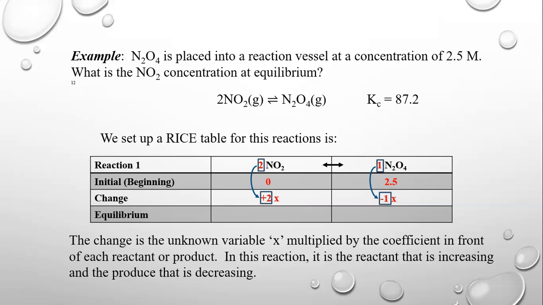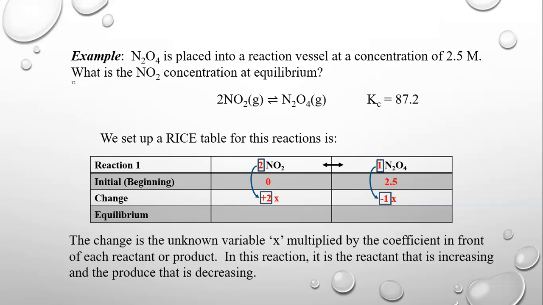Okay, so you set up the RICE table and you have your initial concentrations on the top, and here is the change line. Remember, it's always unknown. That's why you're doing this RICE table. So it's some unknown amount x, and you always precede it with the coefficient in the reaction. So in the case of NO2, it's 2. In the case of N2O4, it's 1.